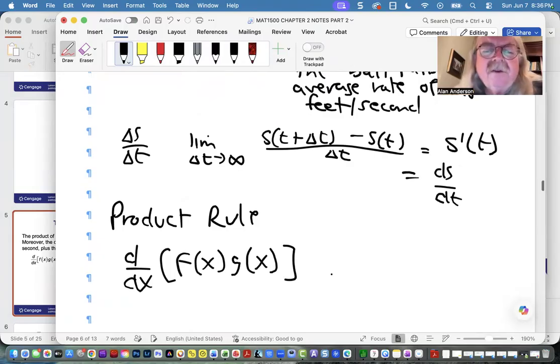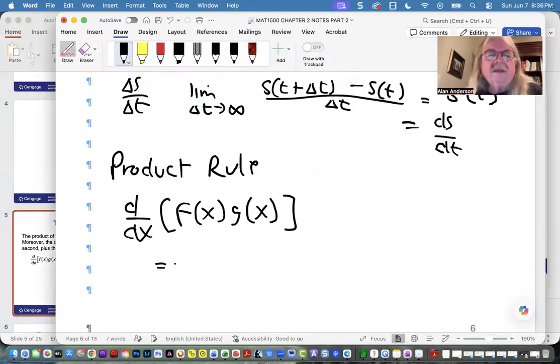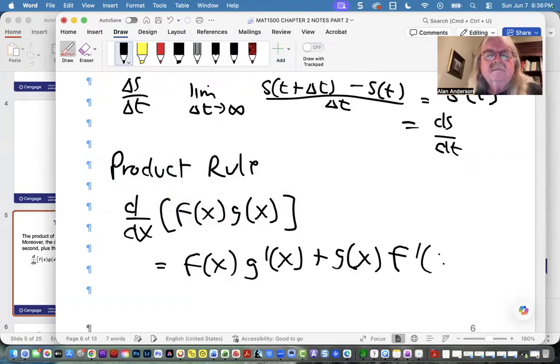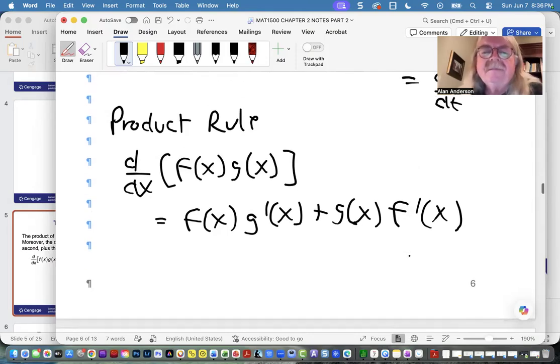Now, this can be written in a few different ways, but this is a fairly standard way of doing it.